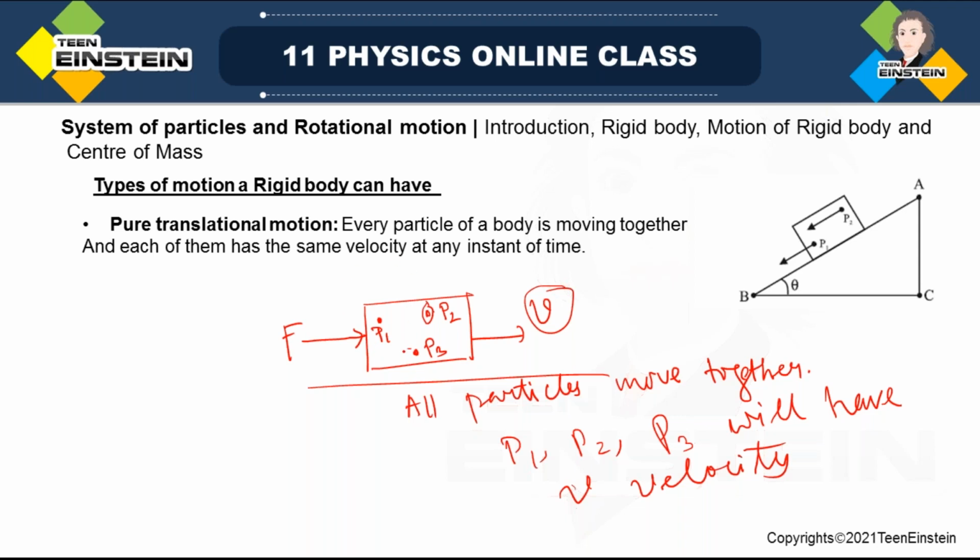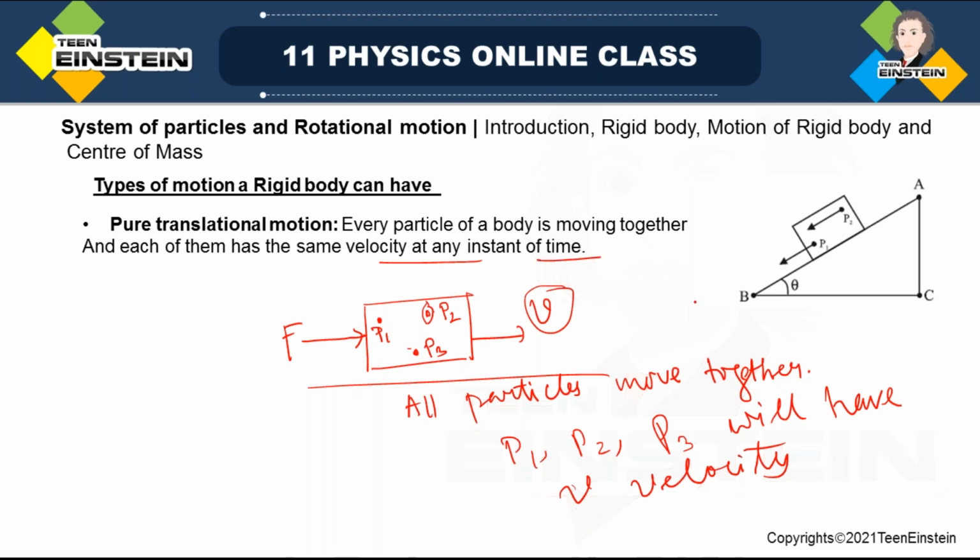So translational motion is such a kind of motion where all the particles of a body are moving together, and each of them has the same velocity at any instant of time.